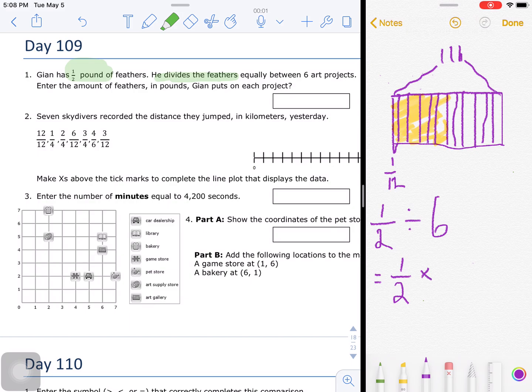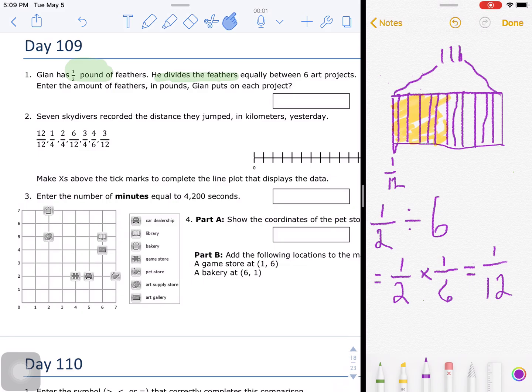So instead of 1/2 divided by 6, it would be the same as 1/6 of 1/2, right? Which ends up being 1/12. So we see that both in our tape diagram as what's being done, and then our equation is below.